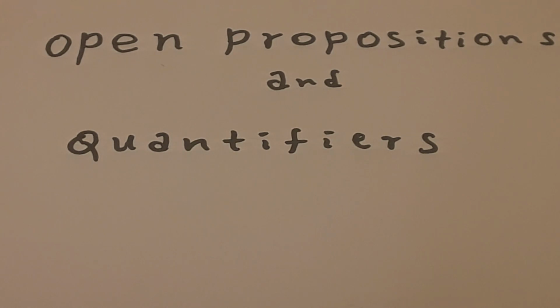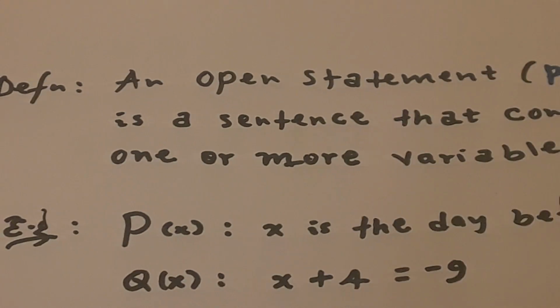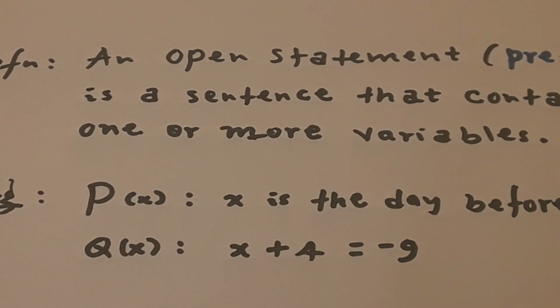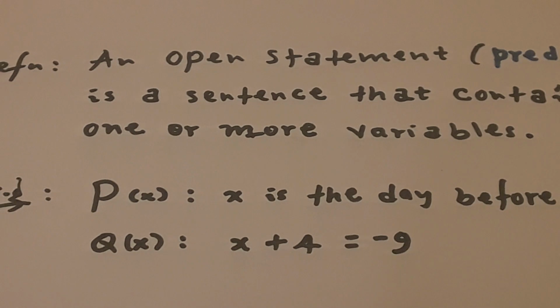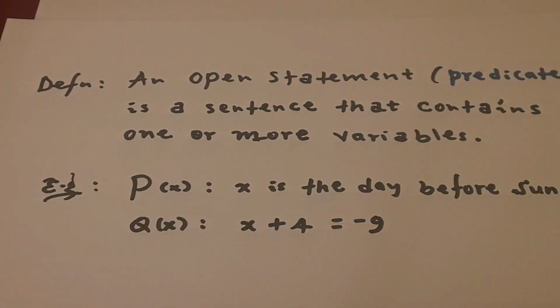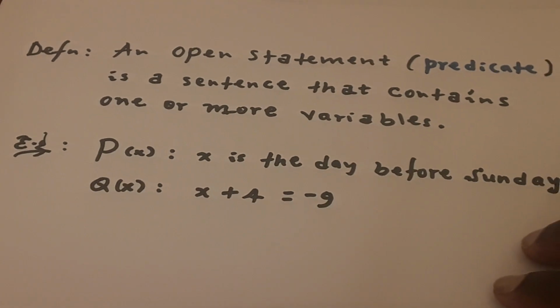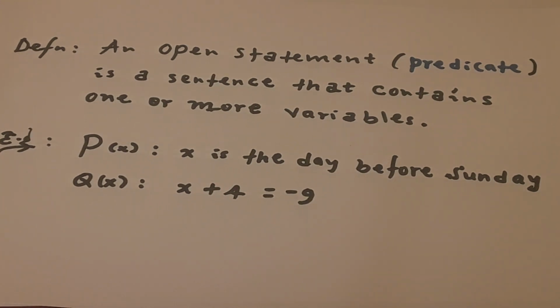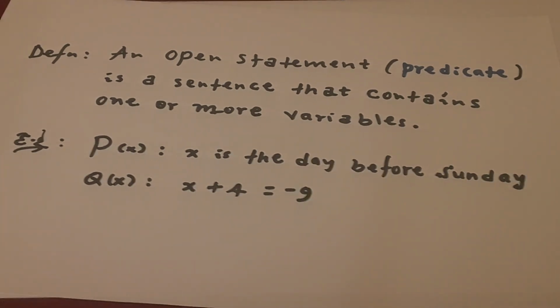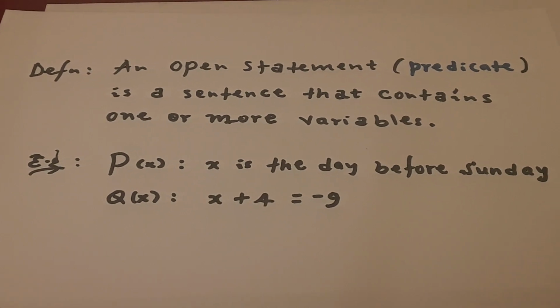Today I came up with open propositions and quantifiers. We start our journey with the definition of what an open proposition is. An open statement or predicate is a sentence that contains one or more variables.